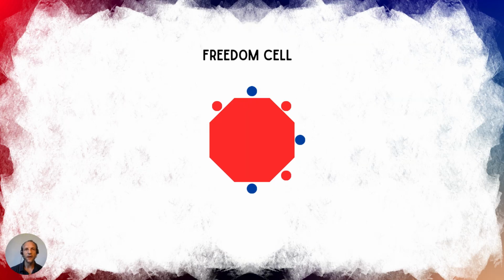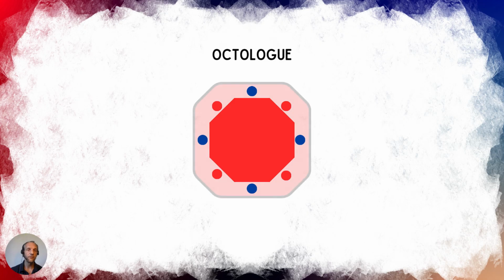Moving on, we have found the other 6 people, and now we have the components for a Freedom Cell, and that's the beginning cell. This representation is what I'm showing here. It's just the Freedom Cell, and once that group gets into an organized structure, they're working together, they've got their goals set out and they've got the ethics worked out in their actions, they could evolve into what is called an Octologue.